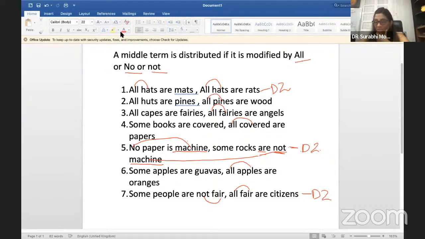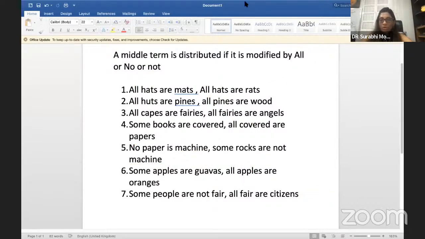Anything written with all is distributed. But written with some, it is not distributed. Right? So this is clear to everyone. Can you see the distribution? Great. So now we can come to the actual rules.